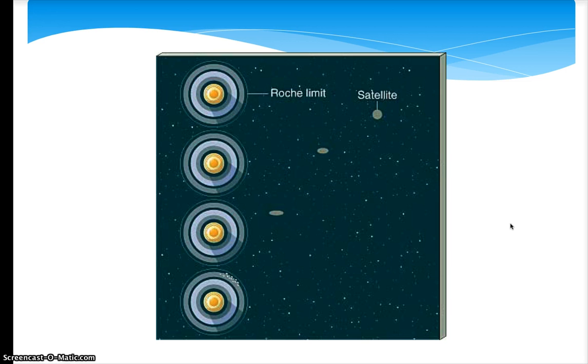Remember that the characteristic said that the gravitational tidal forces were stronger than the gravitational forces that were holding the object together. If the object's being held together by other forces, like electrostatic forces, those are actually strong enough to withstand the gravitational tidal forces. And so some satellites that are being held together by a force other than gravity can exist within the ring system.